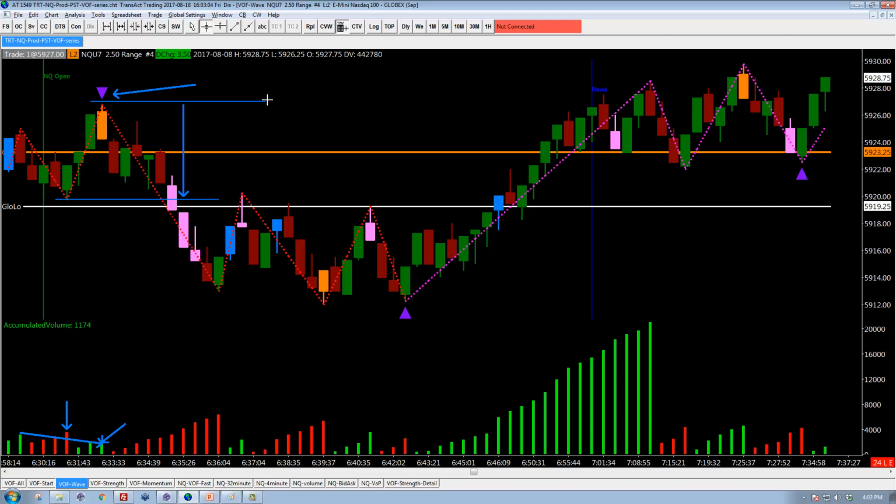So we break lower here, and we have big selling. By big selling, I mean a pink bar, and as we went over in part 2, what that means is that the aggressive selling that we see in that bar is at least 50% greater than the average of the aggressive selling over the last 10 bars, where we've defined aggressive selling as the amount of selling we see at the edge, at the bottom of the bar.